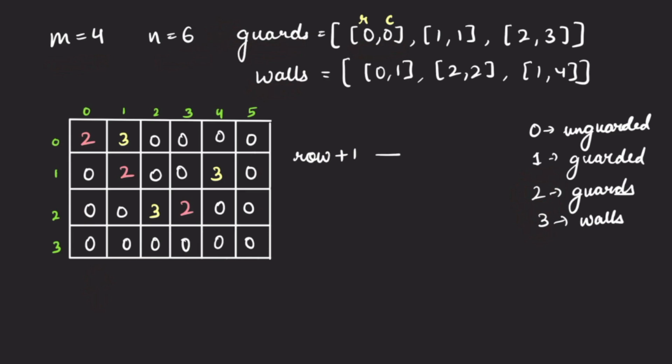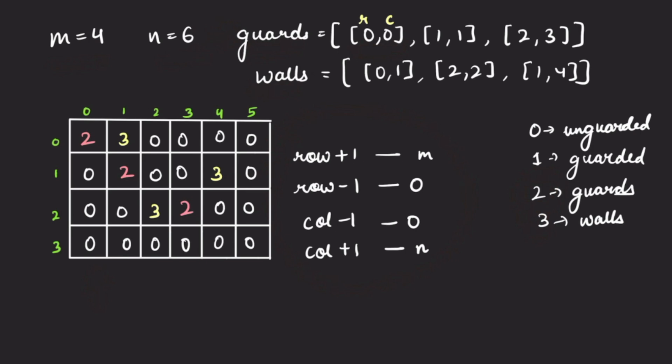So basically from row plus 1 till m. And the other direction will be above, so it will be row minus 1 till 0. Then the other direction is left, so it will be column minus 1 till 0, and the next direction is towards the right, so it will be column plus 1 till the end. So these are the 4 directions.